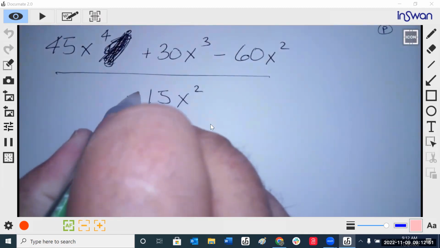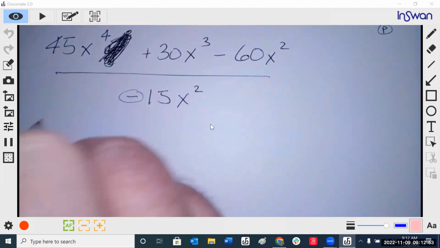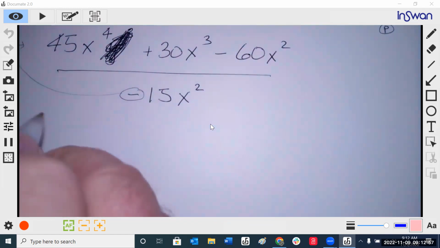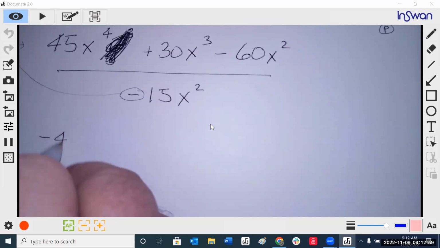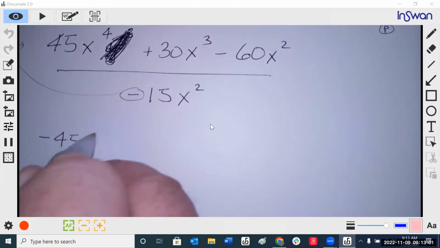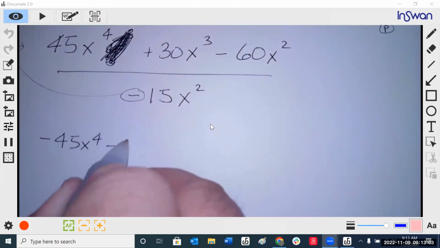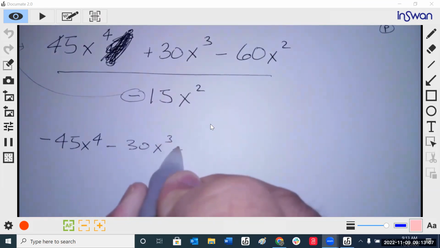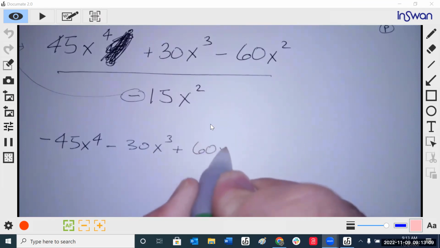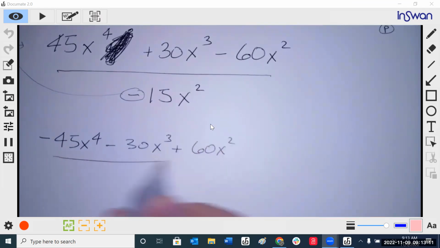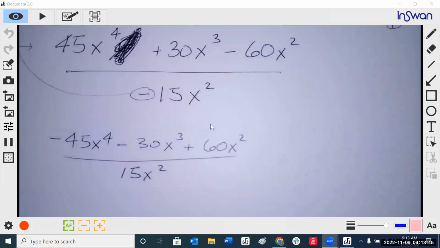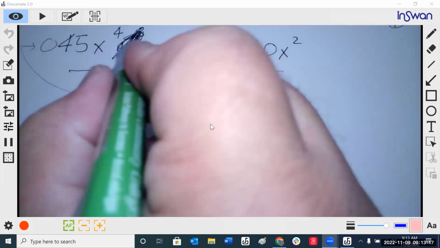Okay, first off, there's a negative sign down here. So what do we do with it? Change everybody's sign on top. So that takes care of the negative sign on the bottom. I change all of these signs.